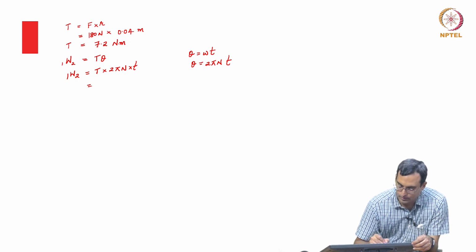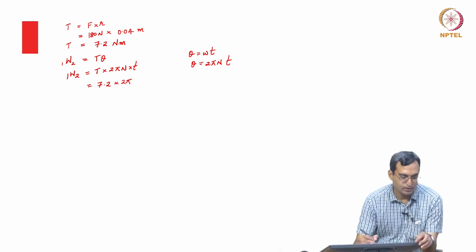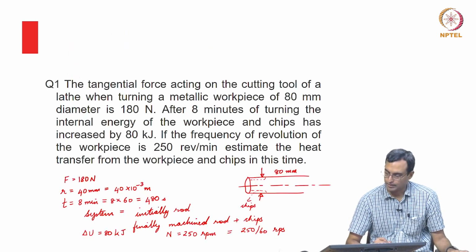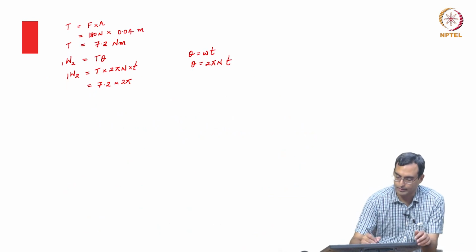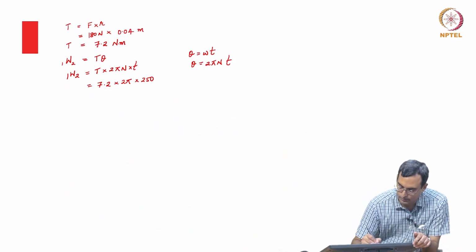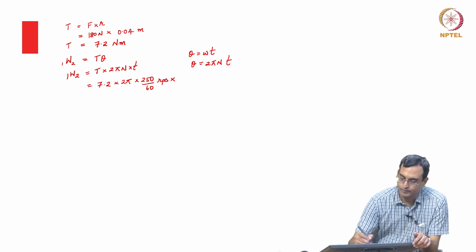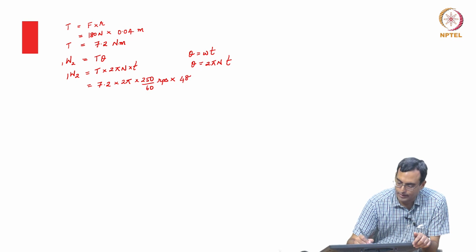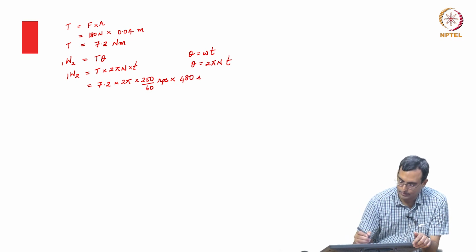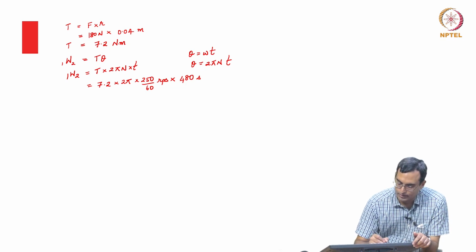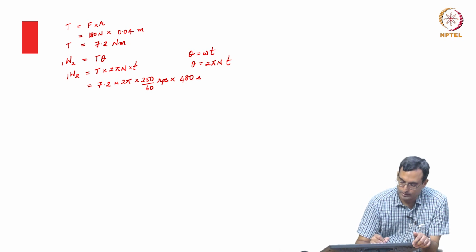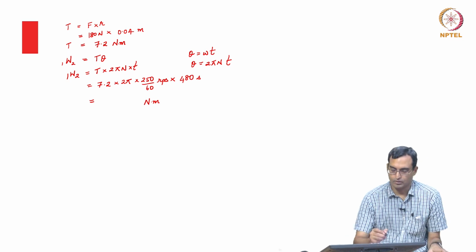So I have the torque as 7.2 newton meter into 2 pi into the rotational speed in seconds, 250 by 60 revolutions per second, into time, which was 480 seconds, 8 minutes. This is revolution per second, this is into second, so those get cancelled out. This has units of newton meter which will remain. So I can find out this in newton meter.